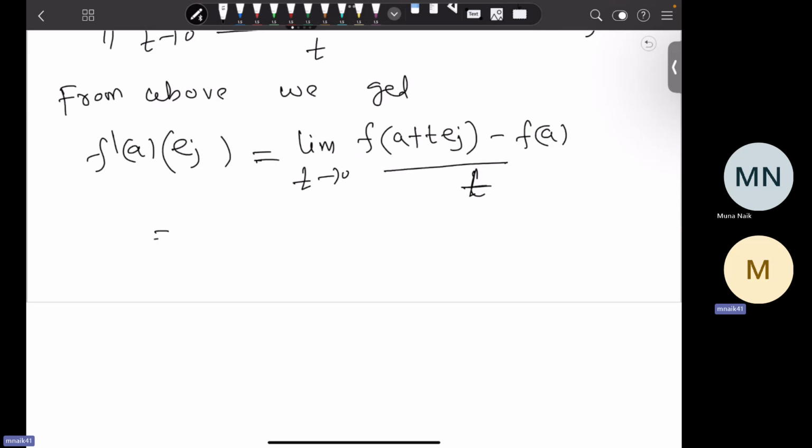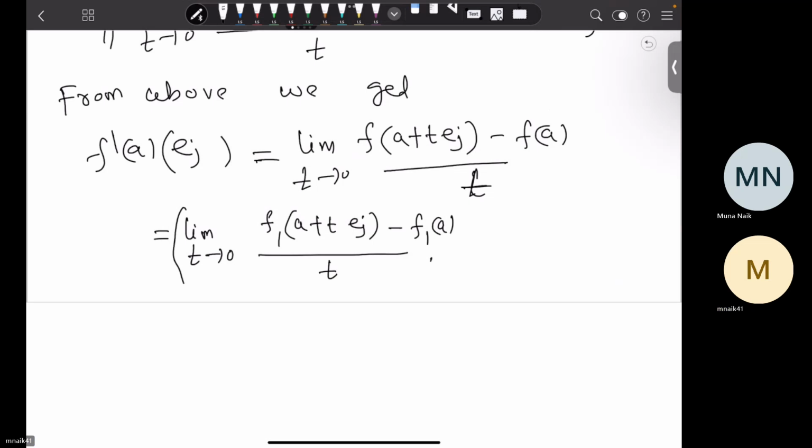This is nothing but the limit as t tends to 0 of f1 of a plus t e_j minus f1 of a by t.